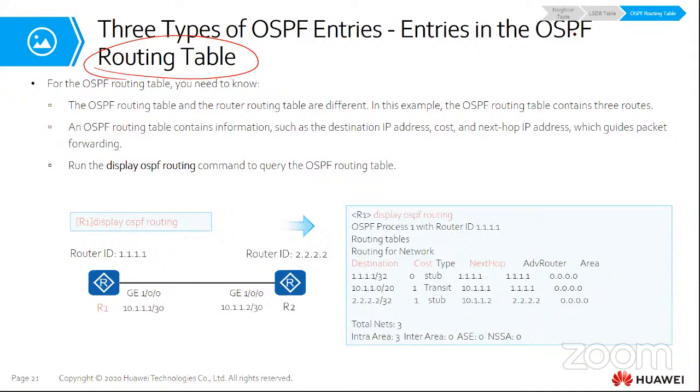For the OSPF routing table, we have seen routing tables, which are the general tool that any router uses to find directions to different destination networks. Now, these routers learn these routes in different ways.